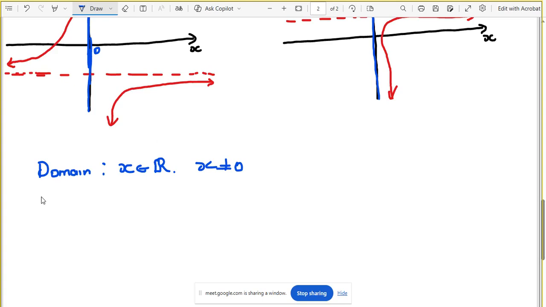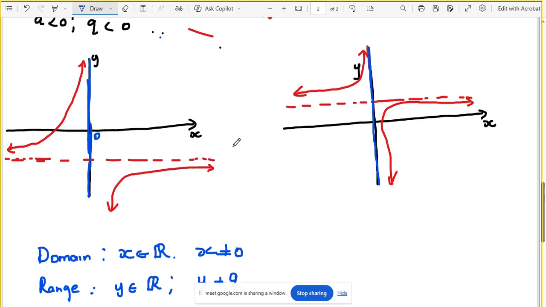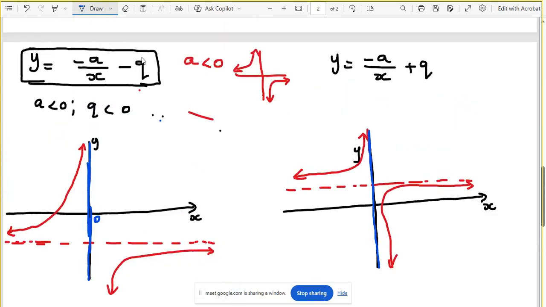The range will be y is an element of real numbers always, but your y must not touch the asymptote, which is q. So whatever value of q is given, the graphs must not touch that value of q.